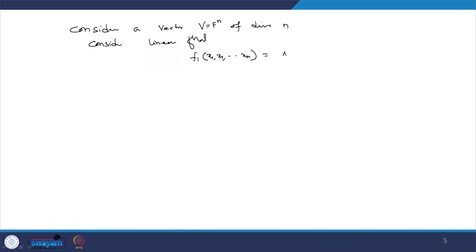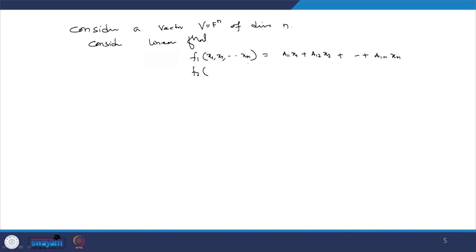Consider a vector space V of dimension say n, and consider linear functionals f1, f2, up to fm. f1 operating on any element x1, x2, ..., xn is defined as a11 x1 plus a12 x2 plus ... plus a1n xn.